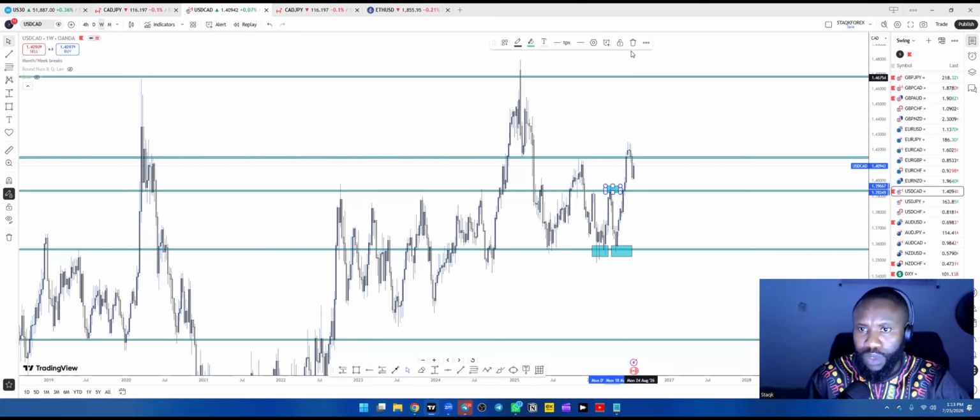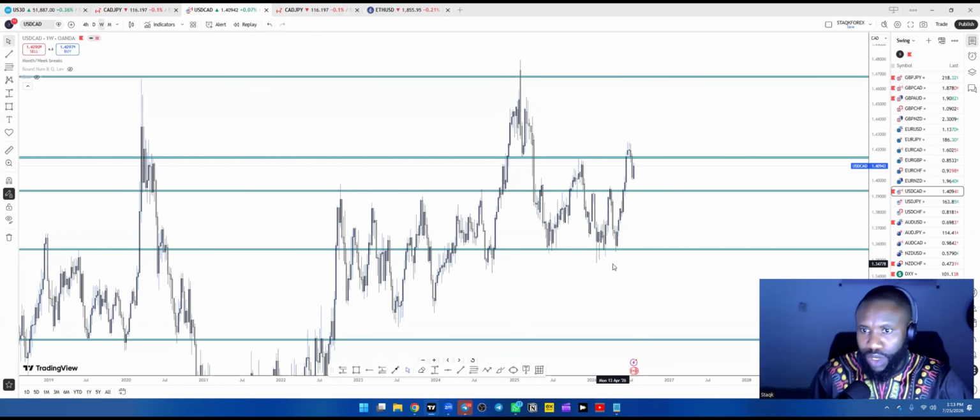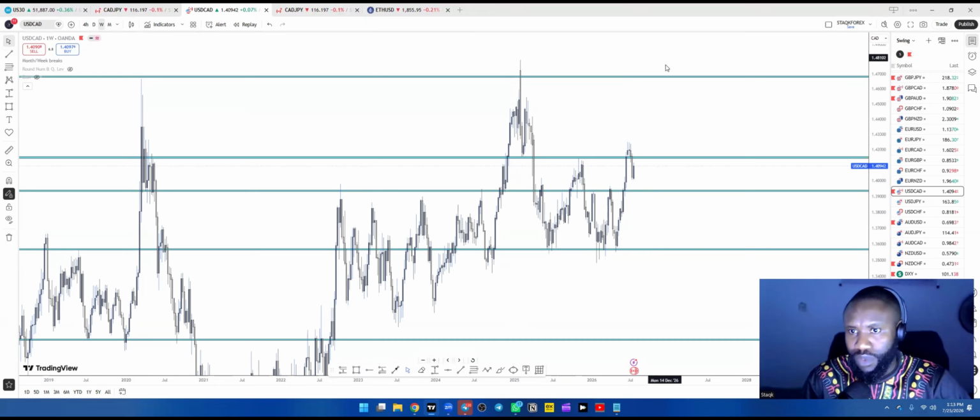So what is price going to be doing now? Price is coming back to retest this neckline before continuing the upper trend. So the only thing we are going to be doing is follow the trend to the upper side. Now on the weekly time frame, you discover that we have a double bottom already.